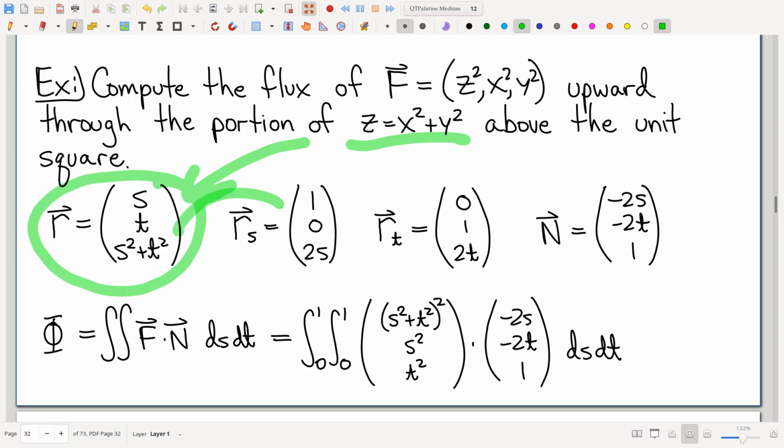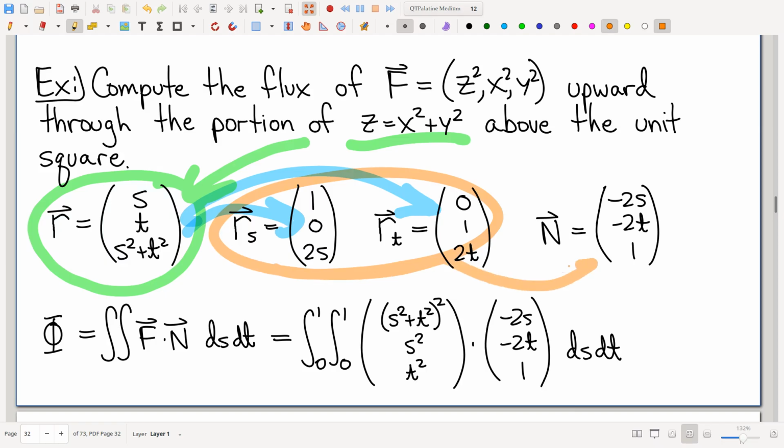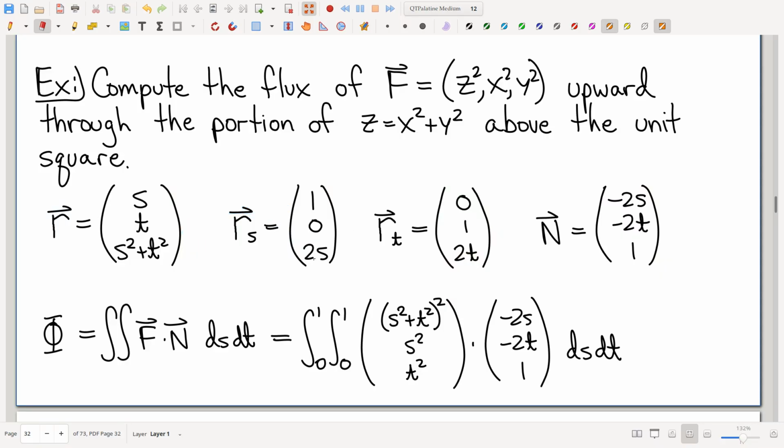We compute the appropriate partials. Then we take the cross product, and there's our capital N. So you just do that computation, you compute that capital N.